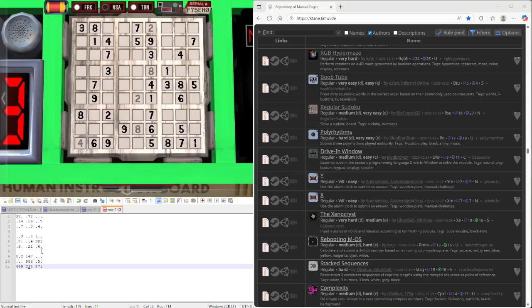With this theoretical arrangement. 1, 2, 6, and 9. 6.